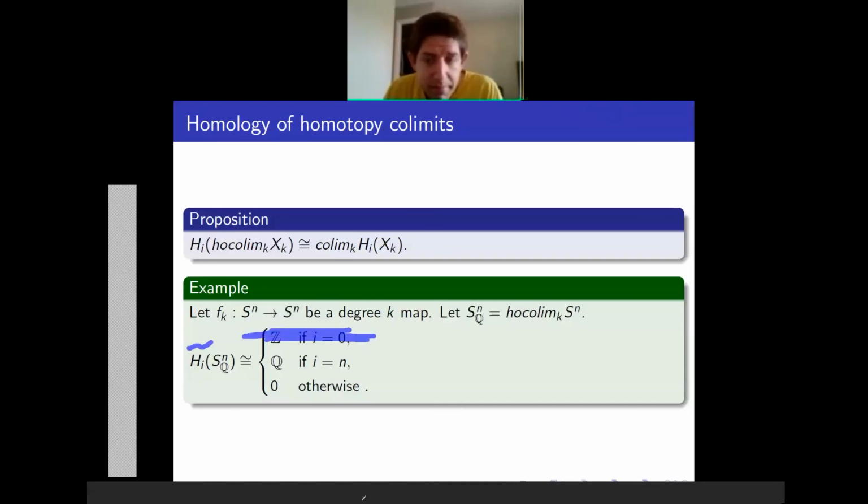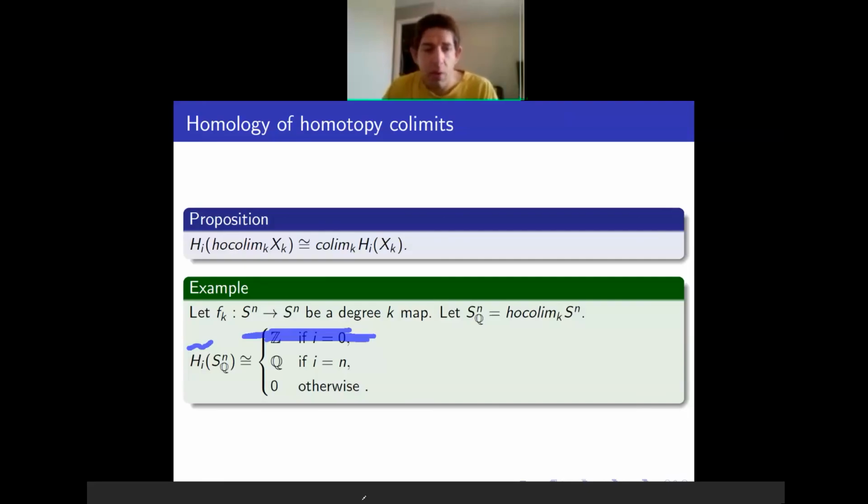Let's say if you have simply connected spaces, there's a functorial way of replacing your space with a space whose homology groups are equal to the homology groups of your original space but tensored with Q. And similarly for any localization of Z.